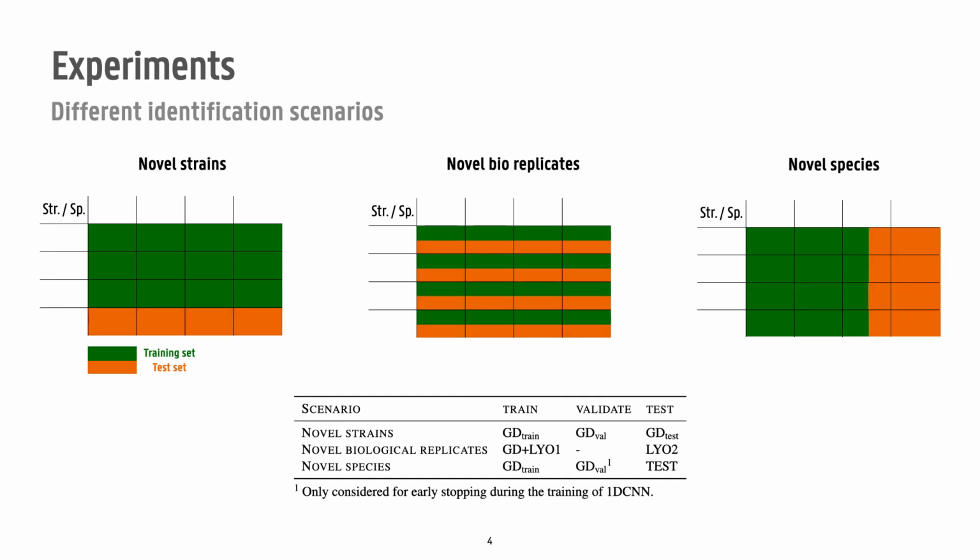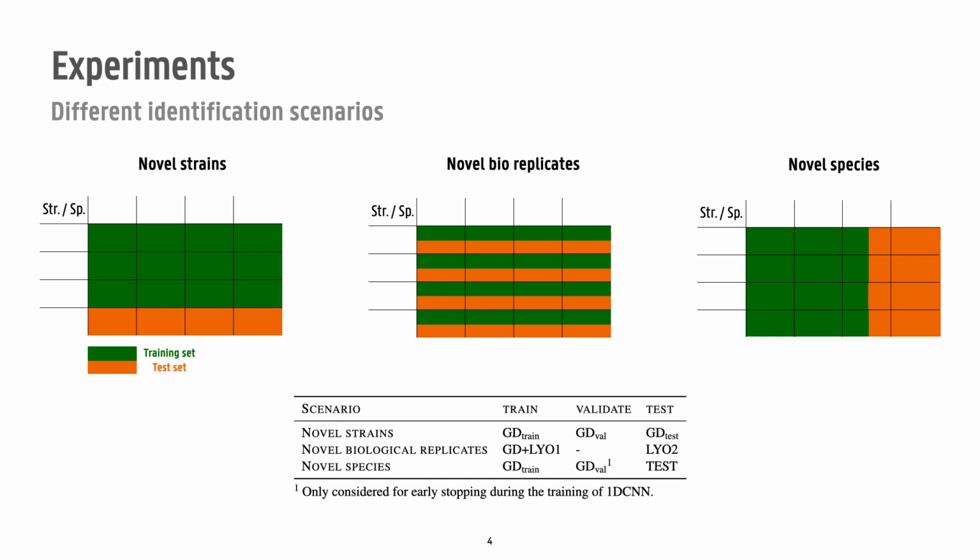The goal of our paper is to provide an independent evaluation of machine learning methods for bacterial species identification with MALDI-TOF mass spectrometry. To this end, we considered three different identification scenarios that are of practical relevance. In the first, most realistic scenario, we assume that novel strains of previously encountered species need to be identified at test time.